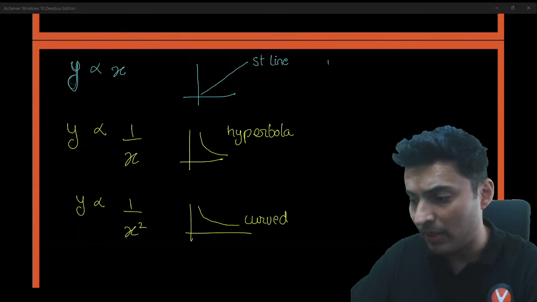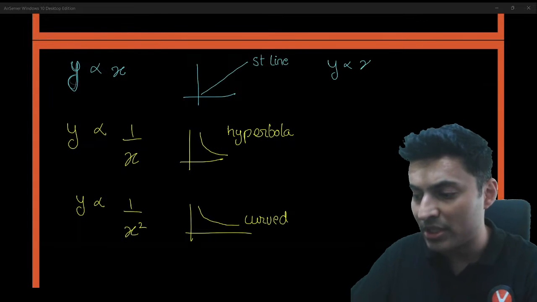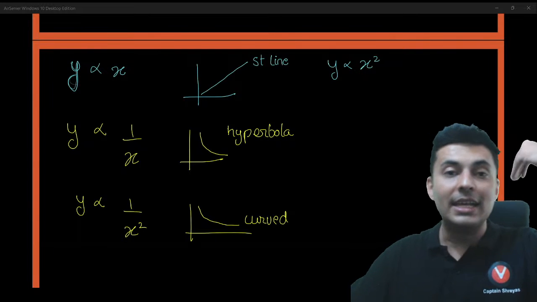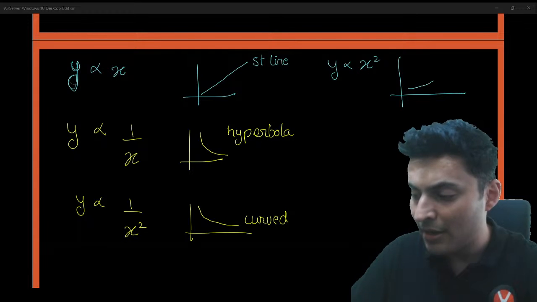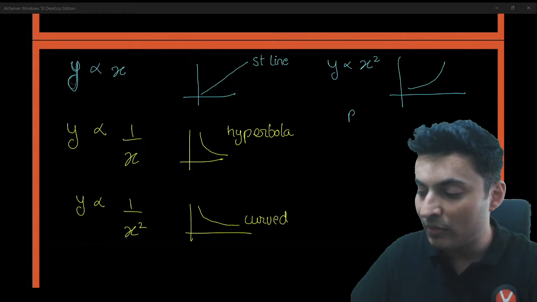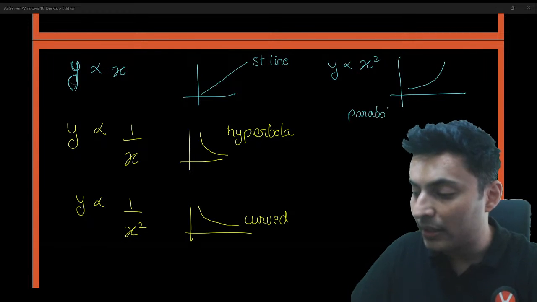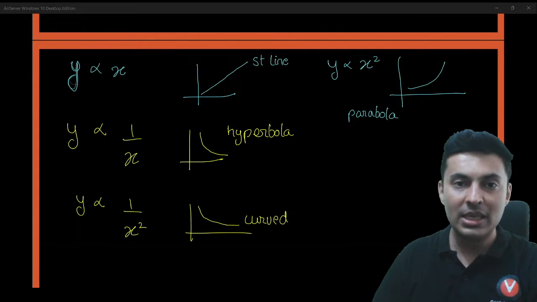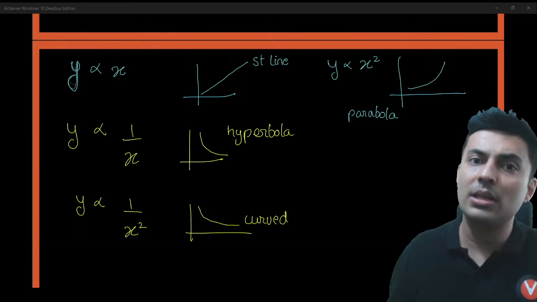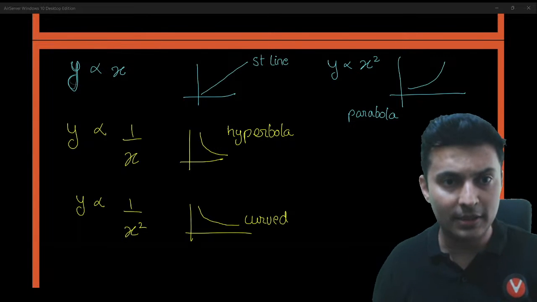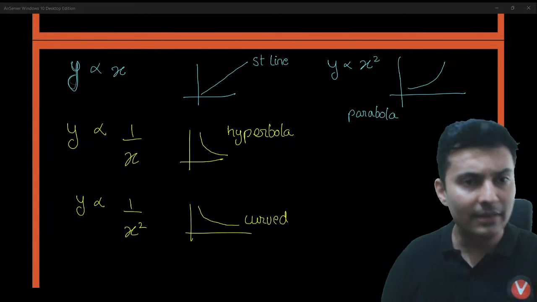And also remember, if y was proportional to x square, x square on the top, then the graph will be a parabola. Keep these things in mind, because this will be useful for drawing the graphs in many chapters in 12th standard physics. Something which is very basic.